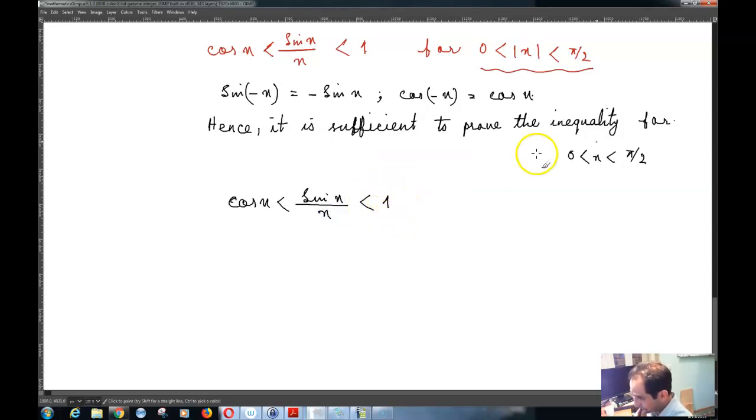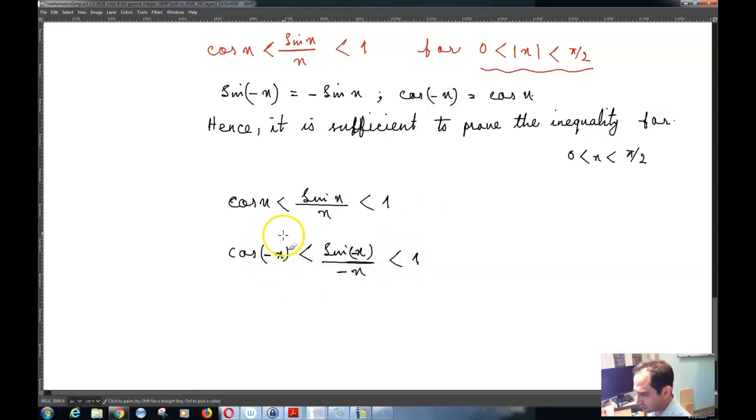But suppose that I put x equal to negative x in this inequality, I'll get cos of negative x less than sine of negative x over negative x less than 1.